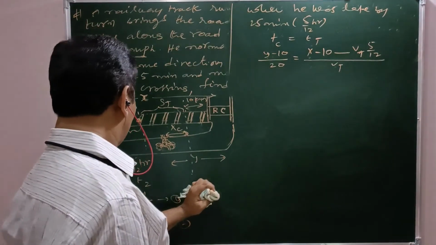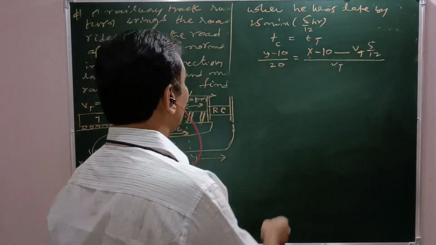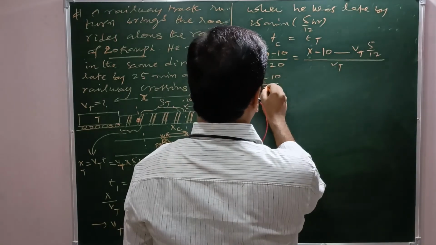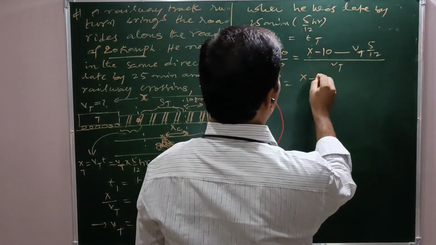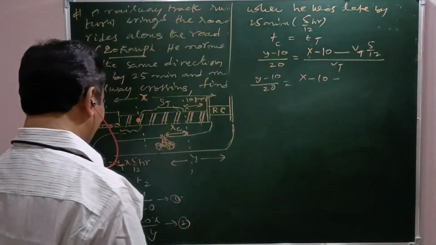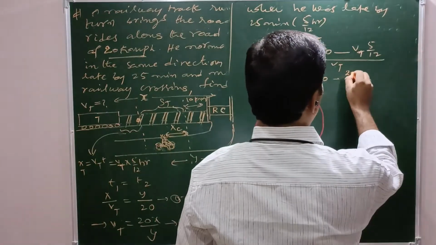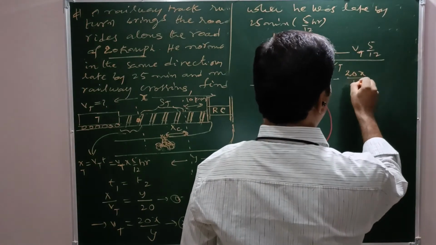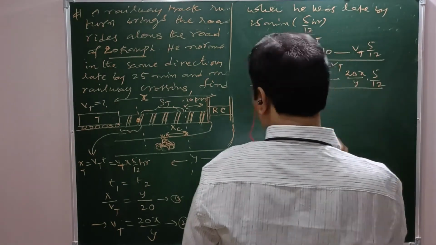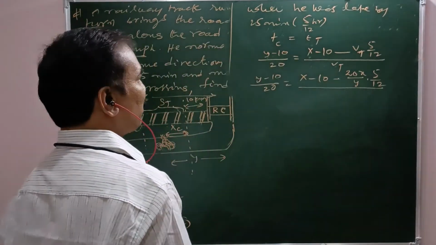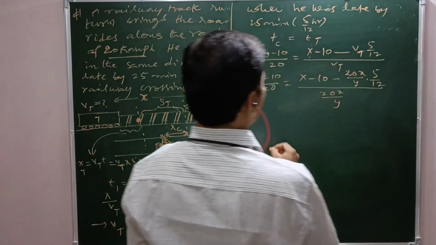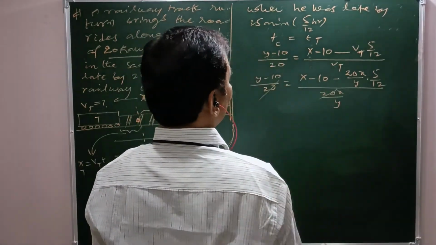So substitute in 2: y minus 10 by 20 equal to x minus 10 minus 20x by y into 5 by 12, whole divided by Vt, where Vt means 20x by y. So 20 cancels.